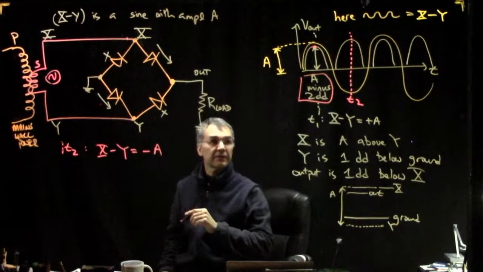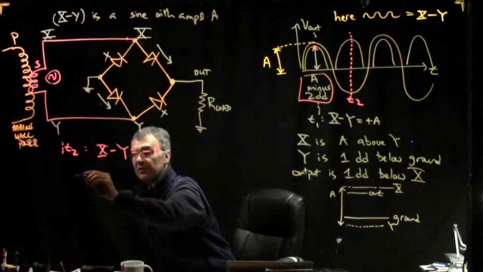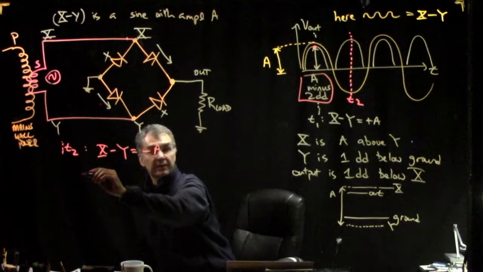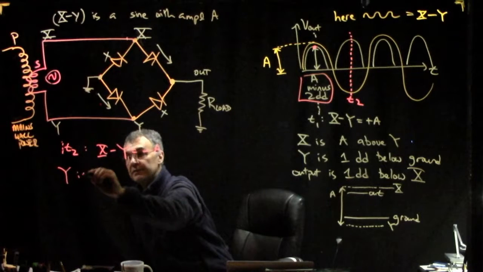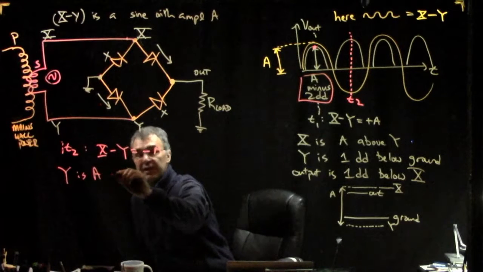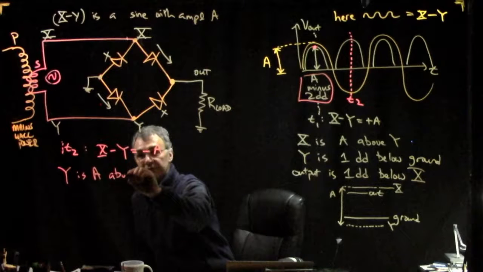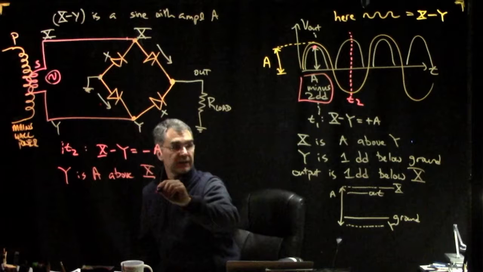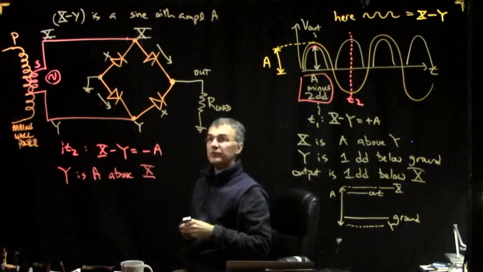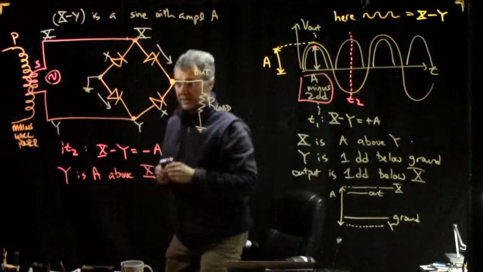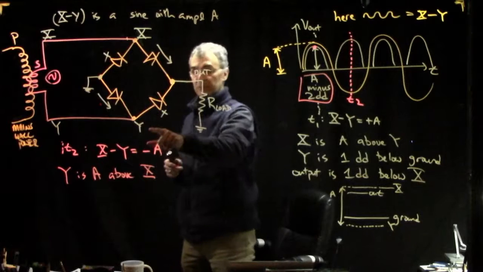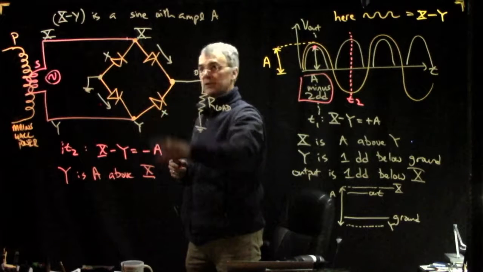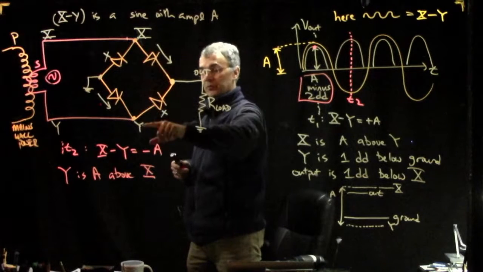Okay. So that means that Y is amplitude A above point X. Okay, so we'll think about that. So Y is amplitude A above this point X. Okay, seems plausible.